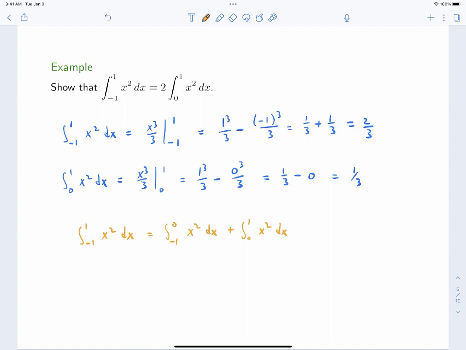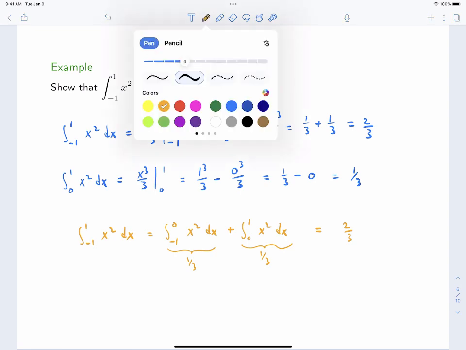The integral from 0 to 1 of x squared dx, we just computed that, that's 1/3. But the integral to the left of the y-axis, the integral from negative 1 to 0, that's going to give us the same thing. That's also 1/3. So if you add those two together, you're going to get 2/3. But this integral from minus 1 to 0 has the same value as the integral from 0 to 1. Okay, so that's even functions.